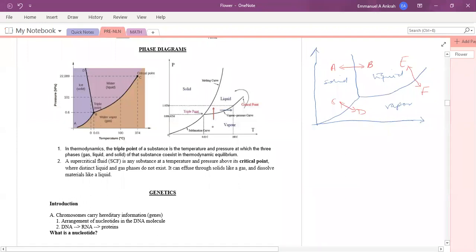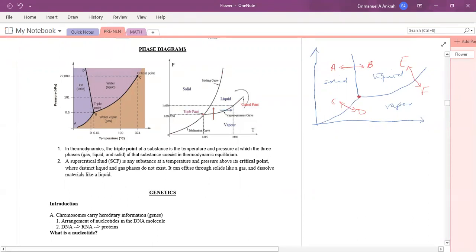Then they can ask you which one represents sublimation. Now, if you go back to this line here, this is a melting curve. This line here represents the vapor pressure curve, and this line represents the sublimation curve. And the point where they intersect is called the triple point of that substance. So this is the triple point here.